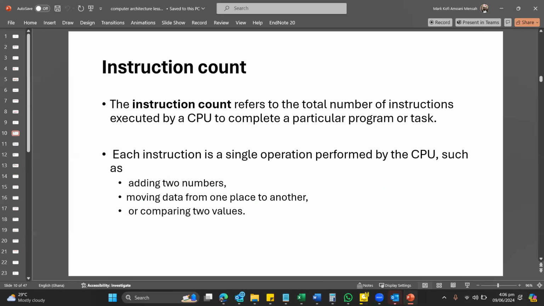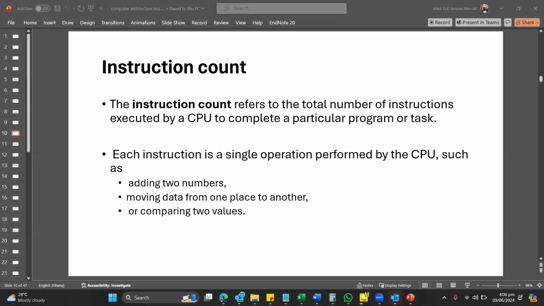Now, in this course, there are going to be lots of abbreviations. IC, instruction count, is one of them. So I would implore you to find a way to write these abbreviations down and learn them so that in the later courses or subjects, you would know what they are and can follow along.